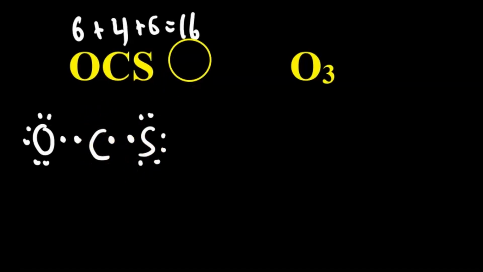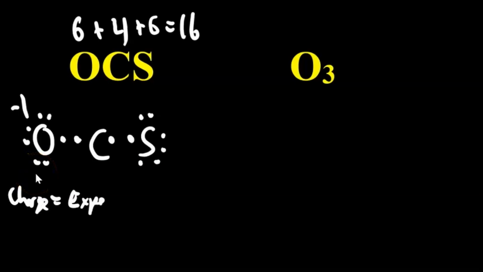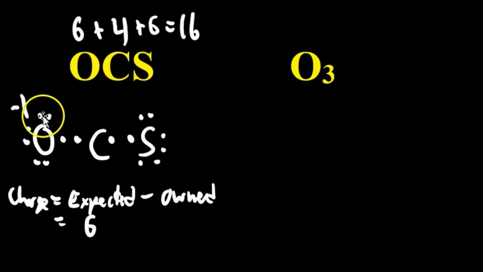Now, anyways, we have 16 electrons here. Now, in terms of the charge, oxygen has a charge of -1. We get that by doing the charge: charge equals expected minus owned electrons. We expect there to be 6 for this oxygen. It owns 7. See, there's 1, 2, 3, 4, 5, 6, and then 1 electron in each bond is owned by each atom.